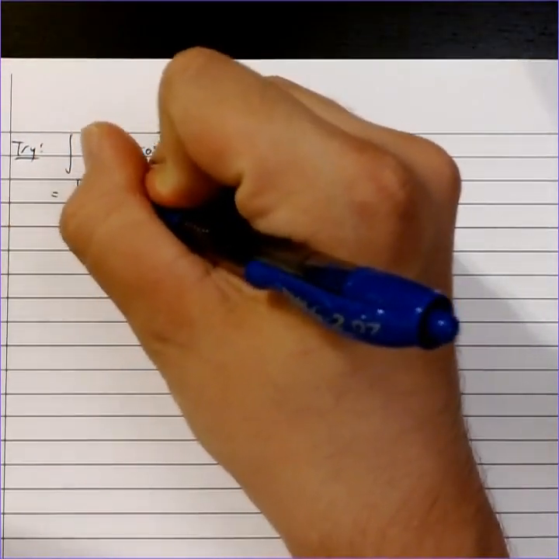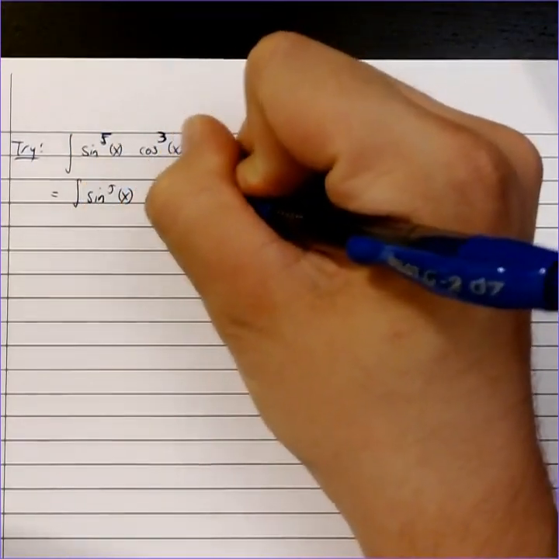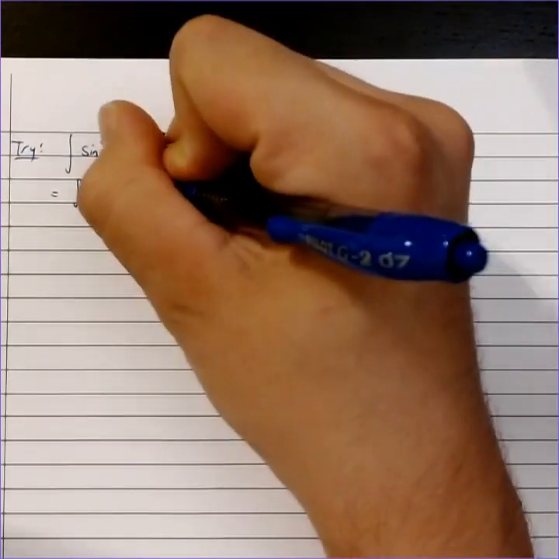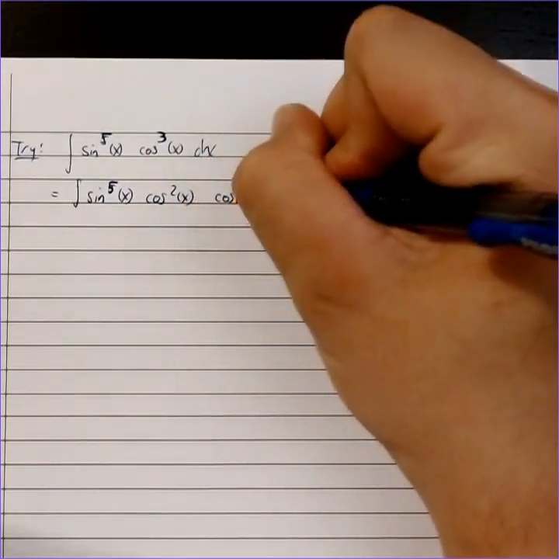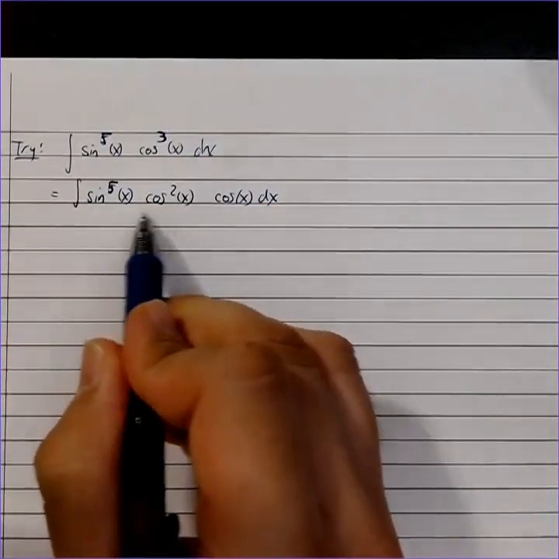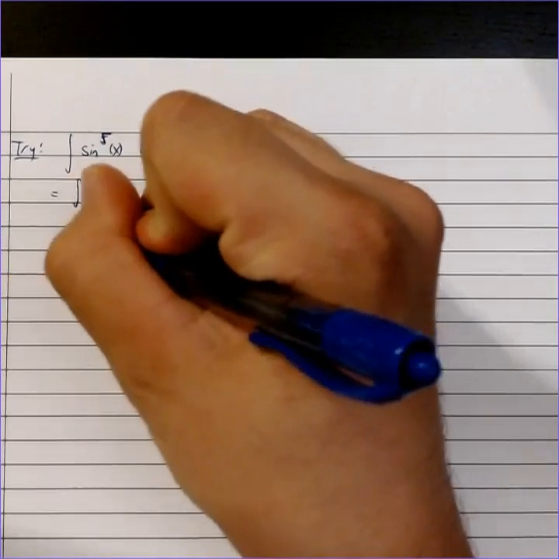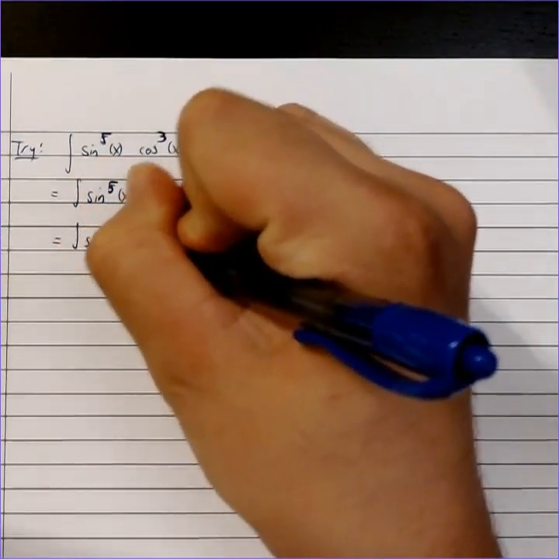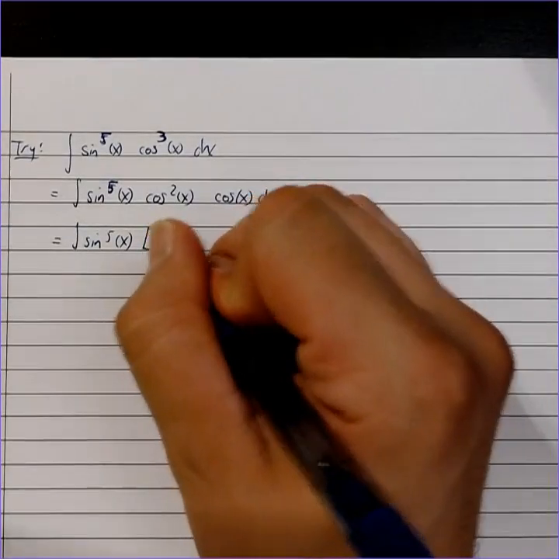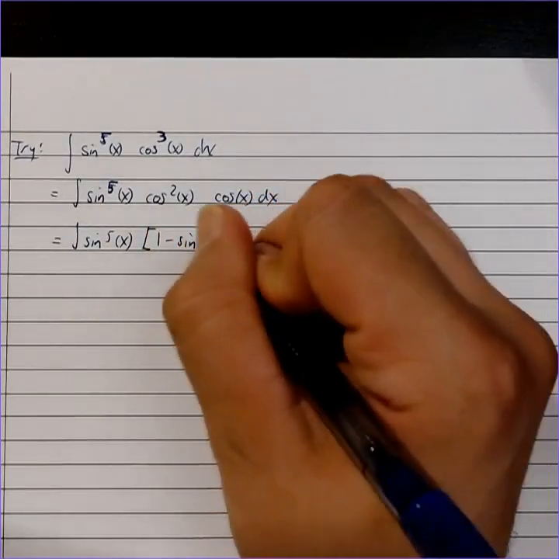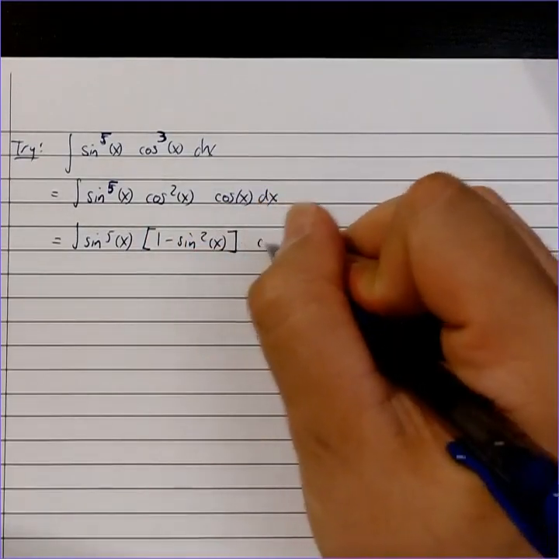So let's write that as sine to the 5th of x, cosine squared of x, cosine of x dx. This expression here can now be written using the Pythagorean identity as the integral of sine to the 5th of x times, instead of cosine squared of x, we write 1 minus sine squared of x, times cosine of x dx.